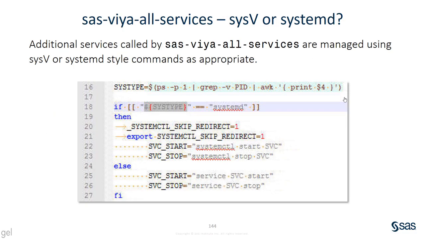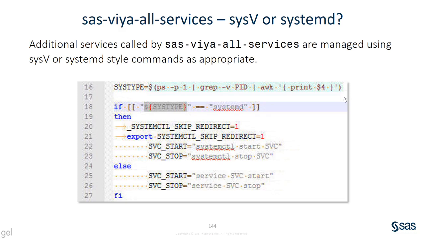Now, one of the little intricacies that you have to be aware of as an administrator is there are two types of services. Some are called System V, and some are System D. If you use SAS Viya All Services, it takes care of starting and stopping things using the right protocol.